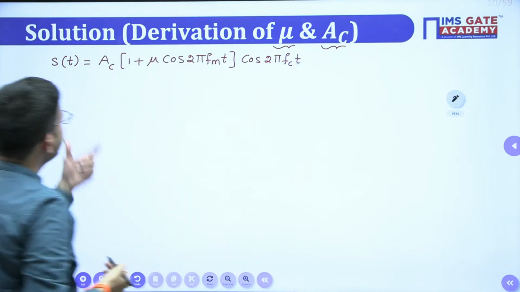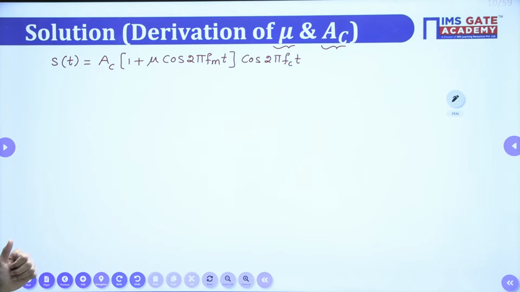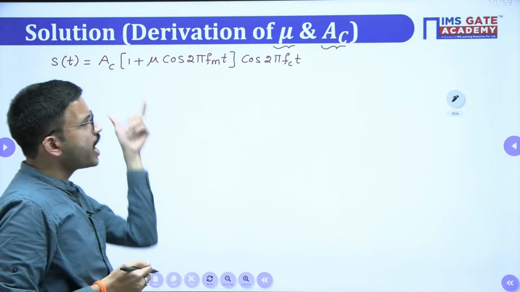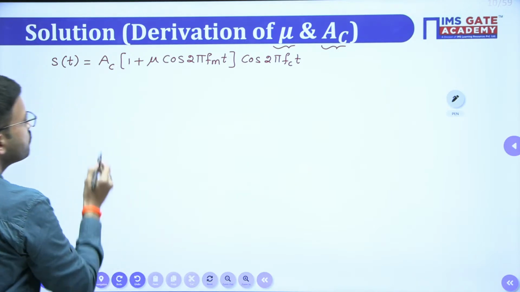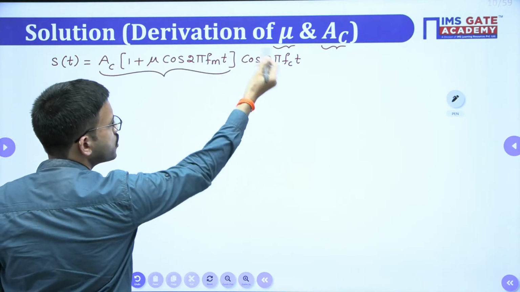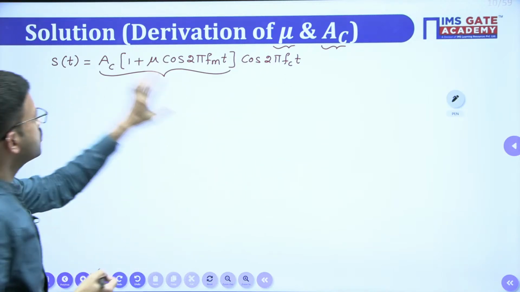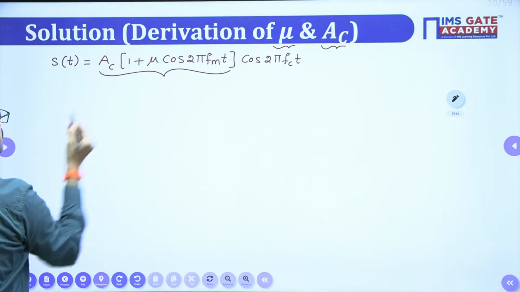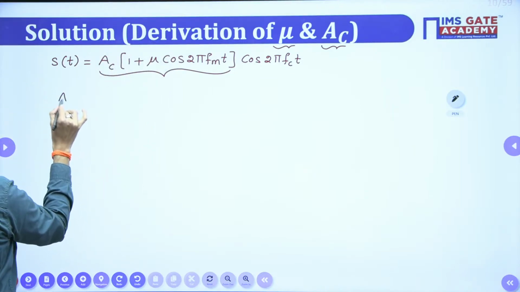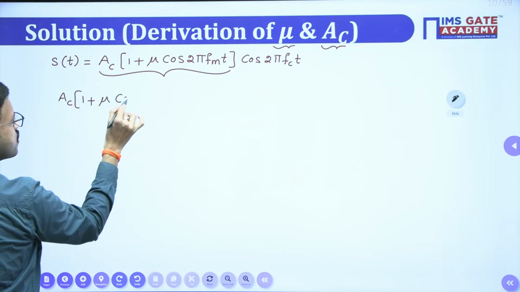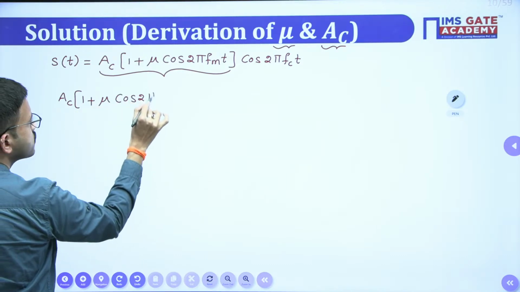So this is the standard equation regarding AM signal in time domain. Okay. Now they have mentioned the amplitude. So if you consider magnitude wise, the cos value maximum will be 1. So here you will get this envelope, right? So just consider only this part, Ac into 1 plus mu cos 2 pi fm t.